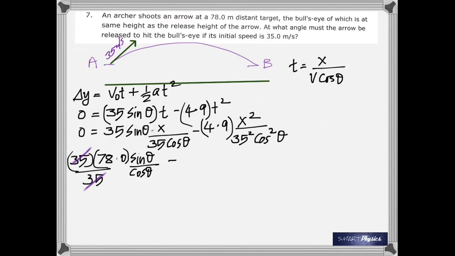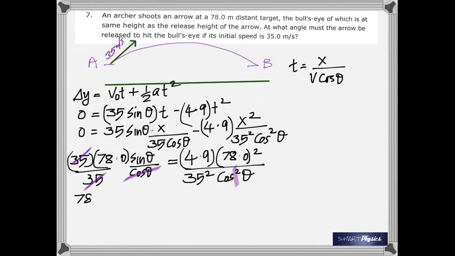The 35s get cancelled. The other term, negative, becomes positive, and I take it to the other side. Again, there is x squared here, so that's 78 squared. And then 35 squared, cos squared theta. So the cos theta here and the cos squared here get cancelled, leaving one cos theta.